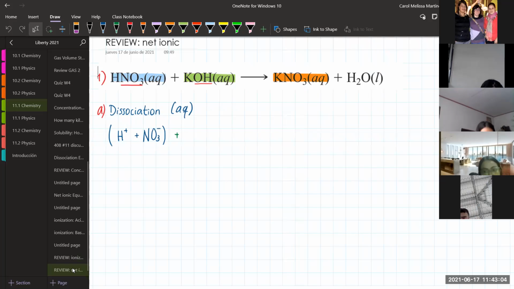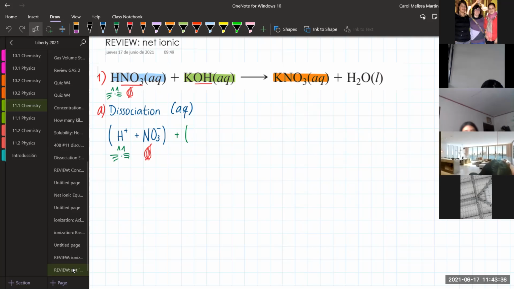So here, you need to identify the cation and the anion. In the acid, the cation is always the hydrogen, okay? And the anion is the remaining. So again, this is the cation and this is the anion. You are going to do the same process in part 2.